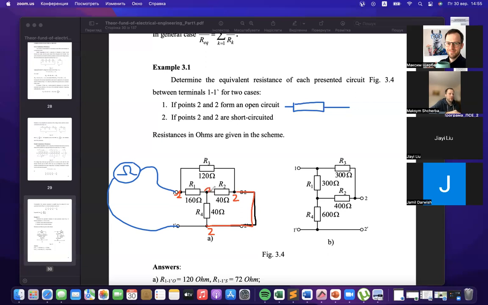Then we have potential number 3 at the central point. And the last one here is also potential number 2 because of the connecting wire. What does it mean? If we look at resistors 2 and 4, they have the same voltage, 3,2 on both of them, so they are in parallel.